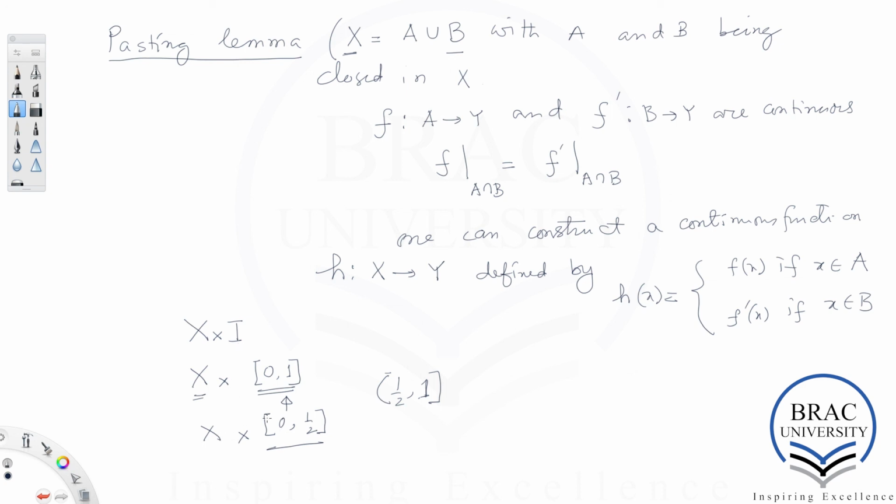So we see that X cross 0, 1/2 is closed in X cross I. Similarly, X cross 1/2, 1 is closed in X cross I in product topology. Okay.